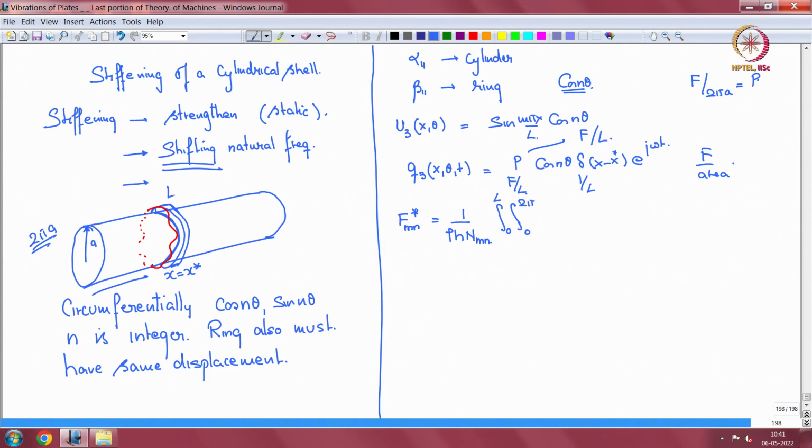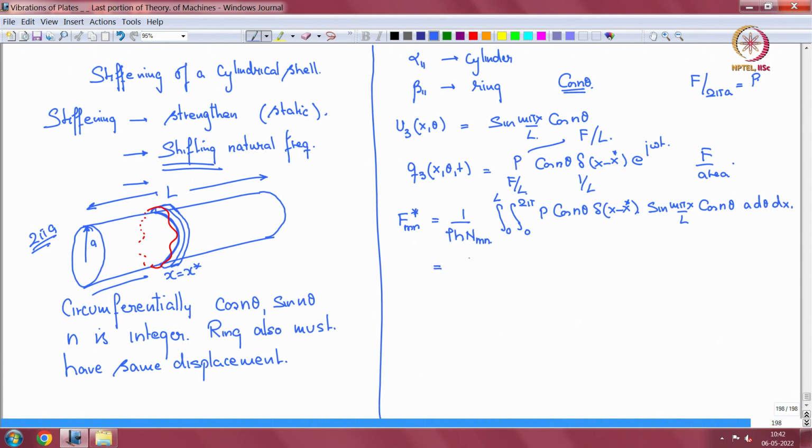This total length is the L for the shell. So zero to L, 0 to twice pi, P cos n theta delta x minus x star, into sine m pi x over L cos n theta a d theta dx.